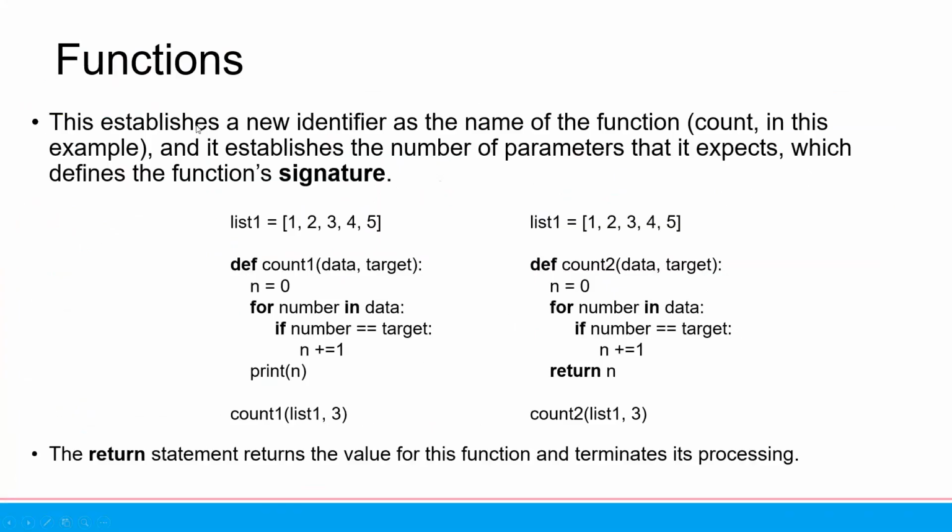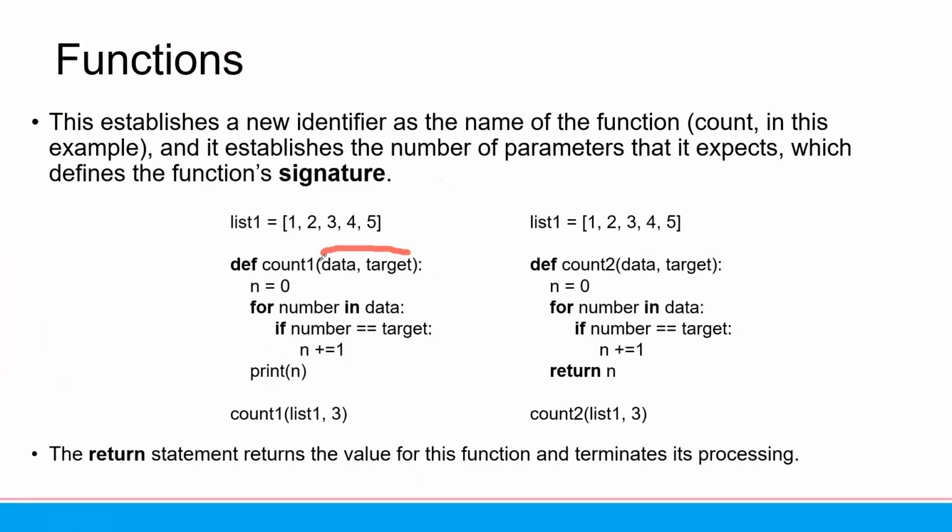So this establishes a new identifier as the name of the function, let's say count1 in this example, and it establishes the number of parameters that it expects. And we will define its function signature.